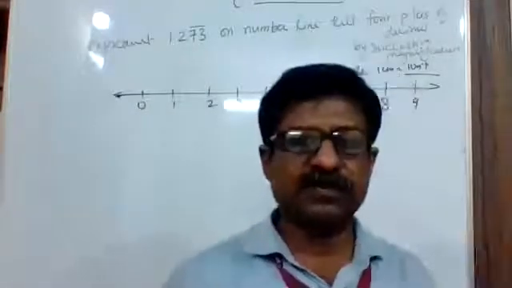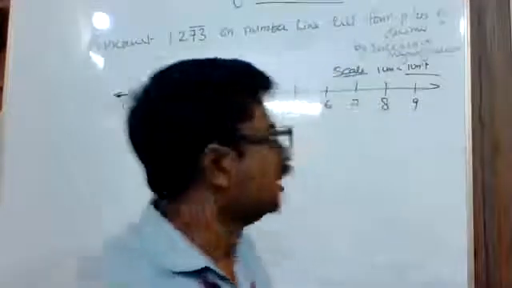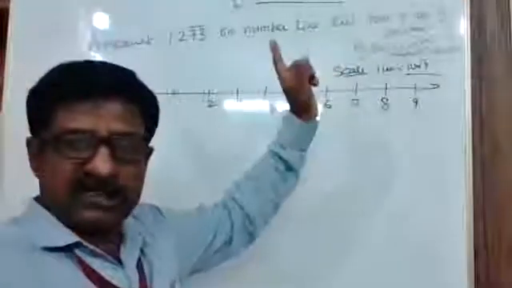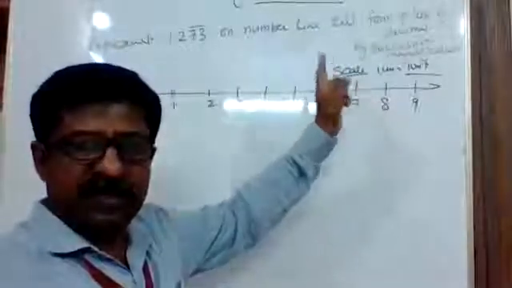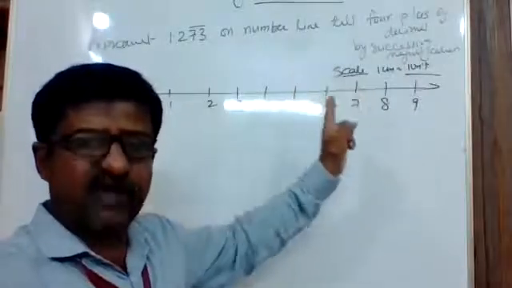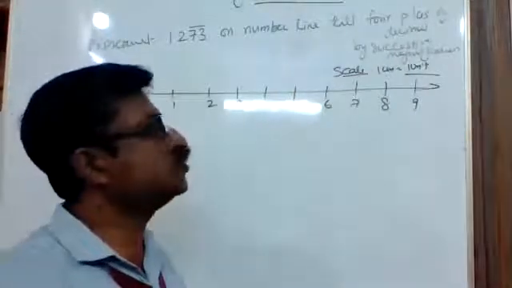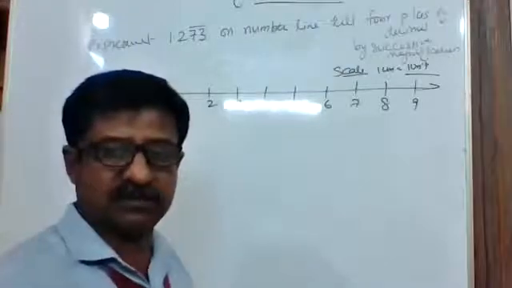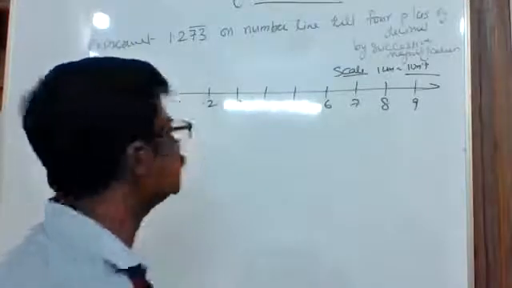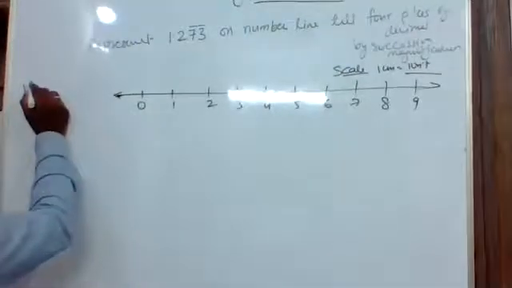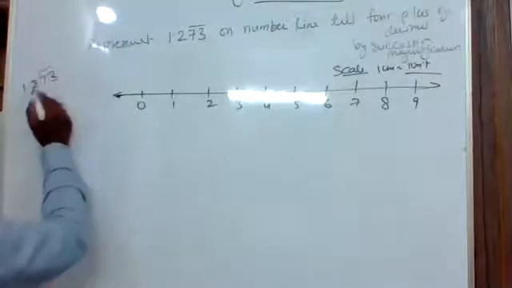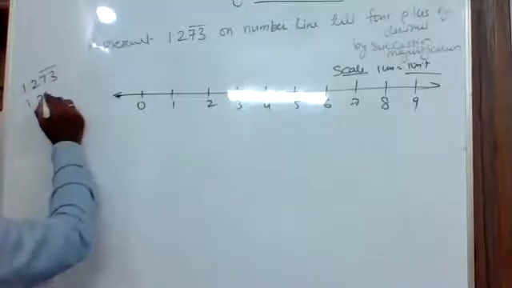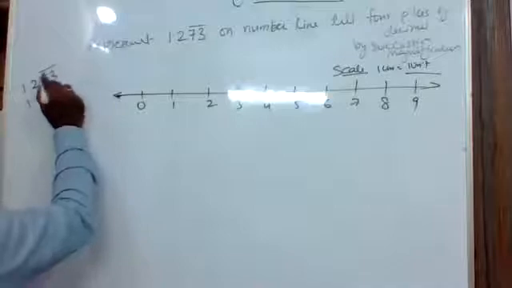After getting this number on the number line, we have to do the same procedure, but here it is mentioned that it has to be magnified till 4 places of decimal. This is 1.273, the bar is over 7 and 3. The meaning is 1.273 with 7 and 3 having the bar.